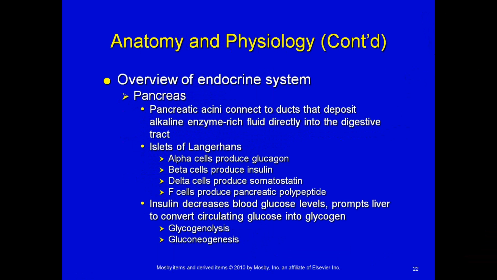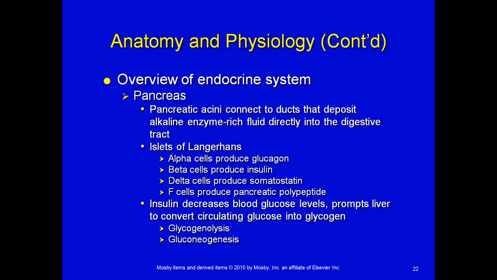And the F cells produce pancreatic polypeptides, which are important in the digestion of amino acids. So insulin decreases blood glucose level, and it prompts the liver to convert what sugar is in the blood into glycogen through a process known as glyconeogenesis, or excuse me, a process known as glycogenolysis.